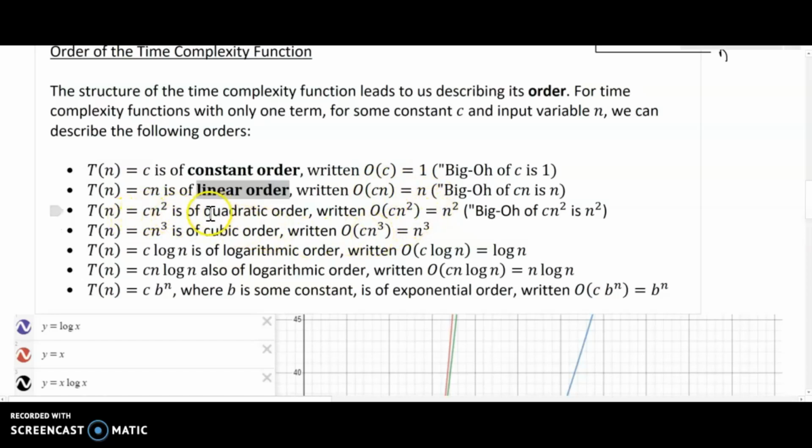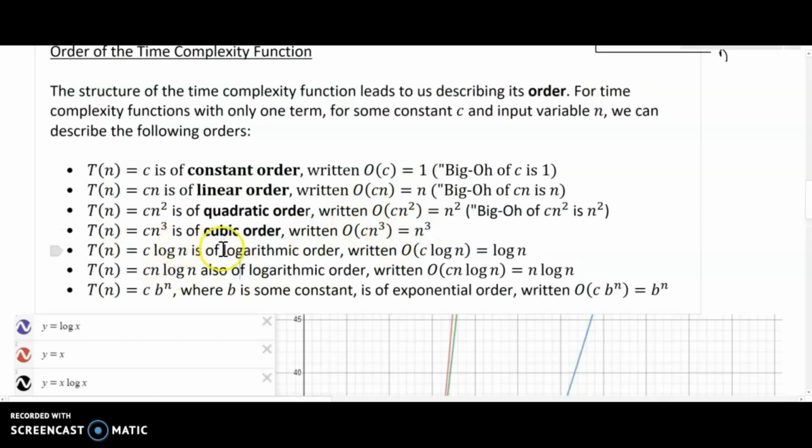C times n squared is quadratic order, and we write that as big O of Cn squared is n squared. Again, we just remove the constants because we just want to know, is it quadratic or not. If it's c times n cubed, it's cubic order, and again, big O of Cn cubed is n cubed.